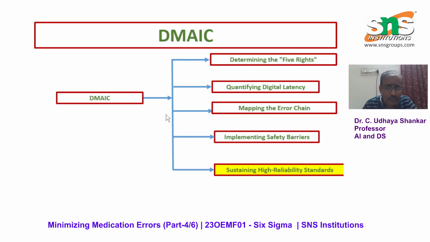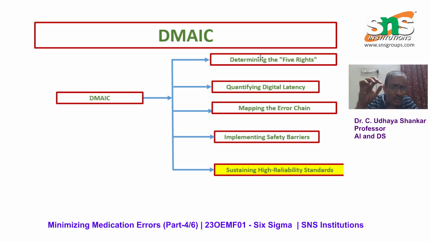In DMAIC, we have already discussed how to determine the 5 rights and quantifying the digital latency, as well as mapping the error chain, and finally implementing the safety barrier. These are the discussions we have already covered, and now in this video we will be discussing sustaining high reliability standards. How are we going to sustain the high reliability standards?